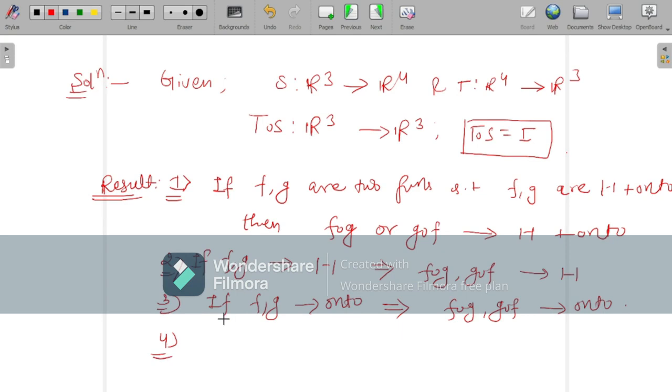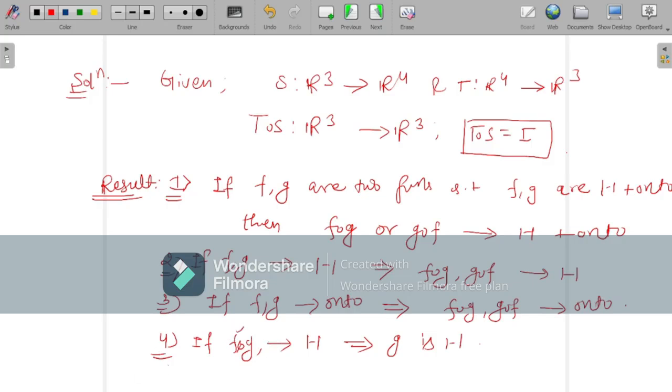The fourth result is, if f composition g is 1-1, then this implies that g is 1-1. But here we cannot conclude anything about the function f.